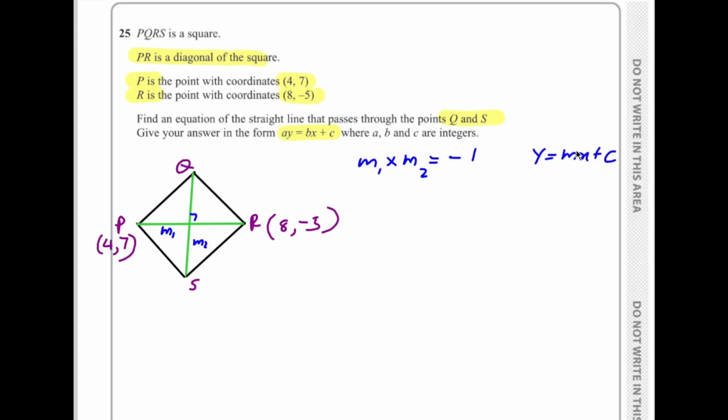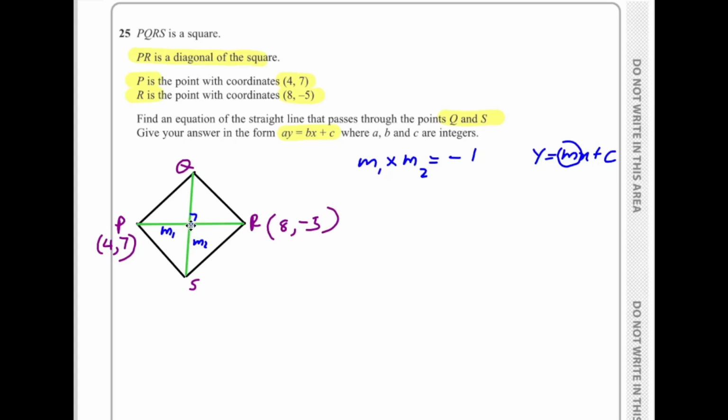Then y equals mx plus c. Then we have to have the gradient. We have to have the y-intercept. So I have to figure out a coordinate where QS passes through, and I need to get the gradient as well. We know that this point is the midpoint of PR and QS.